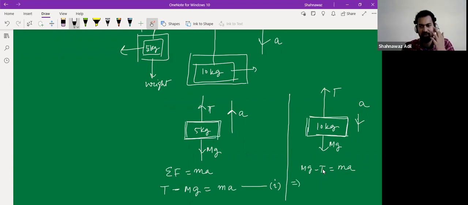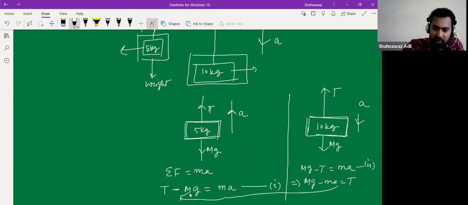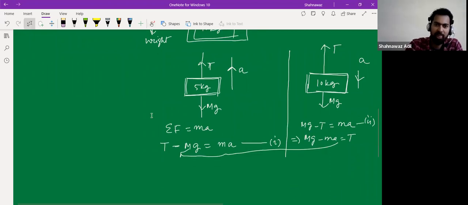So we can calculate the value of T from here. So mg minus ma will be what? The tension, right? So this is the second equation. And if we put the value of T from here to here, so this will be what?